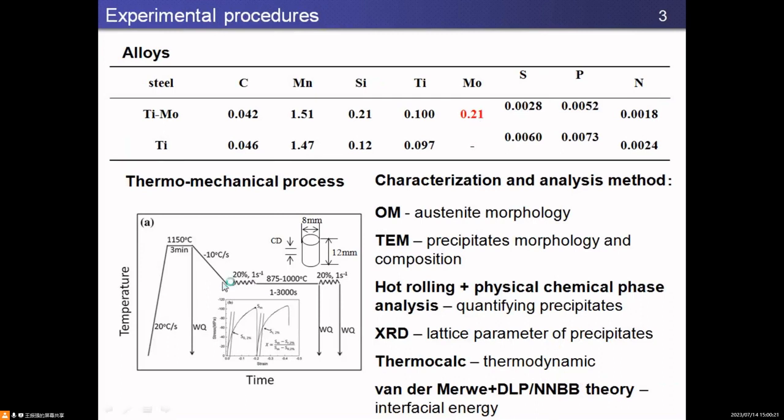And this is a double hot compression test. We have obtained the softening ratio versus time curves of gamma after gamma deformation. This is associated with the gamma recrystallization, precipitation, and their interactions.